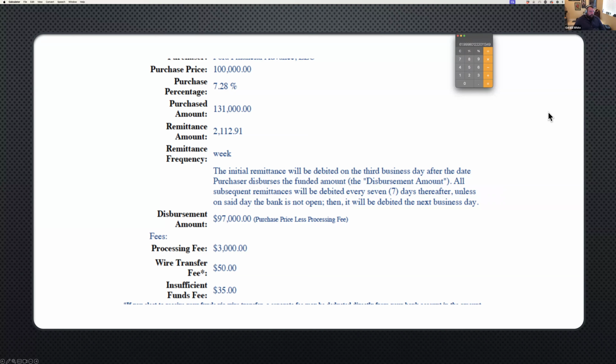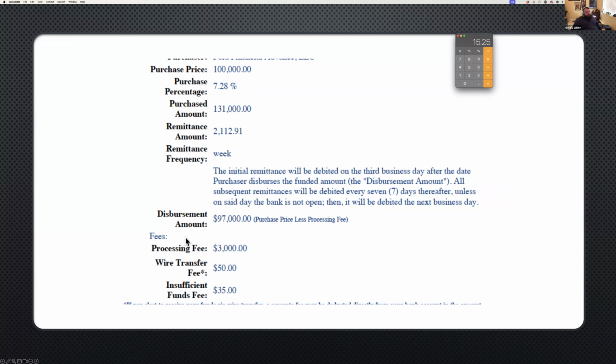For argument's sake, we'll say 61 weeks. There's 4 weeks in a month, so about 15 months. So if you make a weekly payment of $2,112.91, it's going to take you a little bit over 15 months to get to $131,000. So that's how you can calculate this.